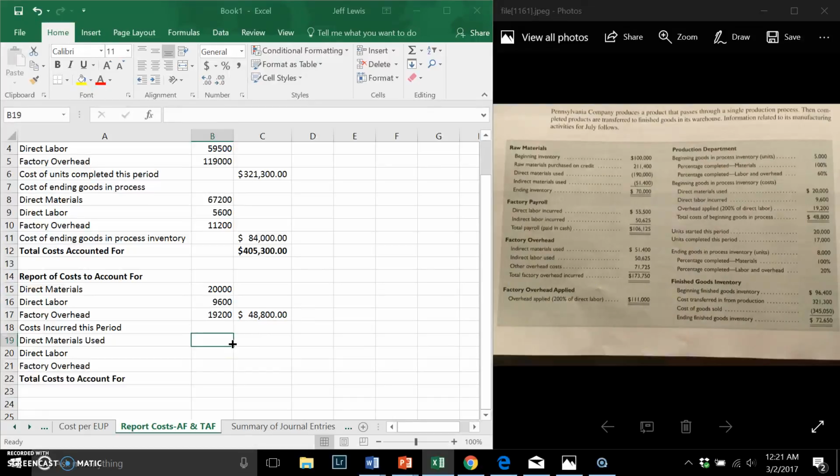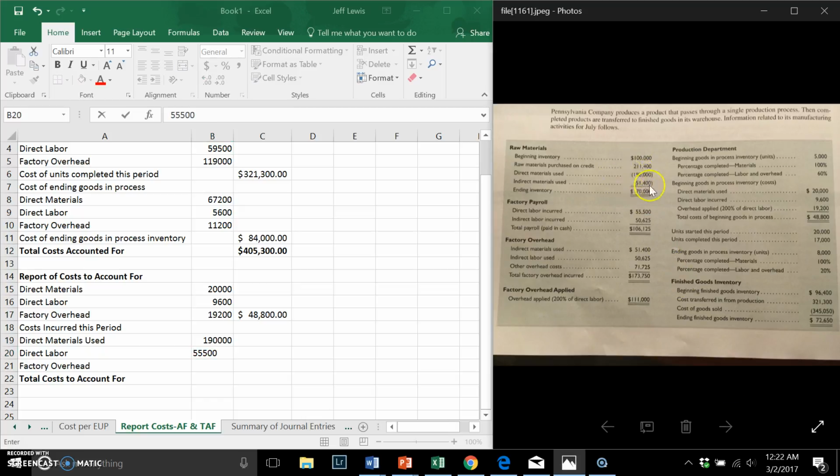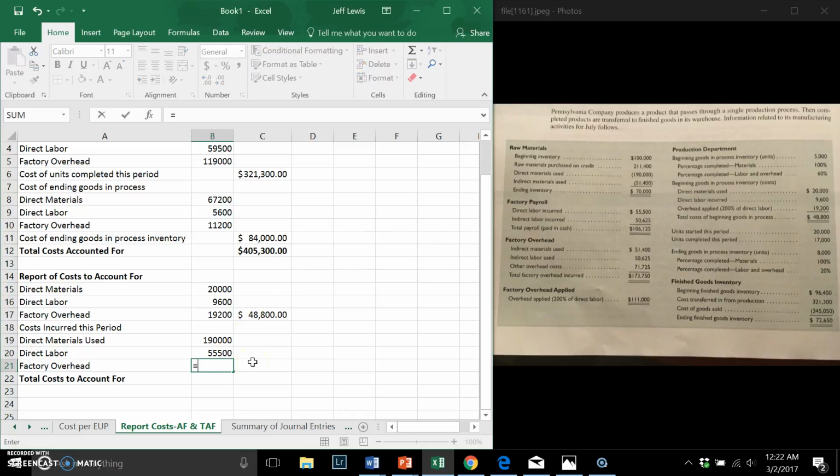So direct materials used, you're going to do 1,900. Then you can do 500, because we're getting that from here for direct materials, here for direct labor. So you look under direct labor incurred, and then here for factory overhead applied.